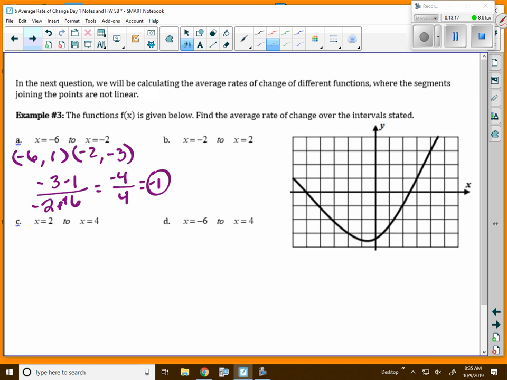All right, part B, same idea. We already found the y value that corresponds with negative 2, right? It's negative 3. We found that in the previous question. Okay, when x is 2, what's y? Negative 1. Okay, I want you to go ahead and do the slope on that.